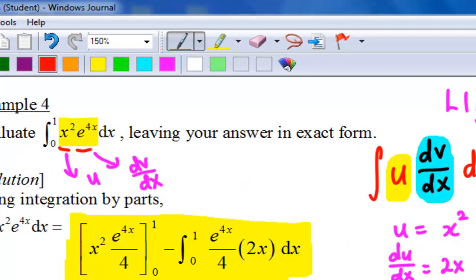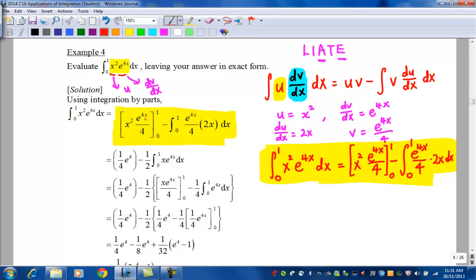Right, once we are done, the first term, we can evaluate it by placing the 1 in and placing the 0. So let's look at this. I'll have 1 squared e to the power of 4 divided by 4 minus 0 squared e to the power of 0 over 4, which gives me a quarter of e to the power of 4.